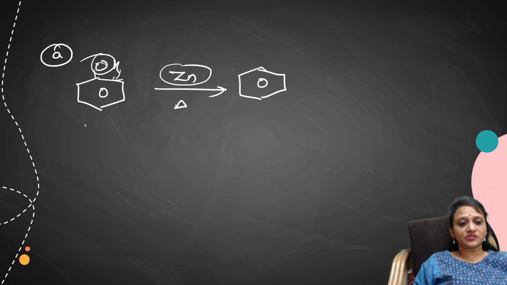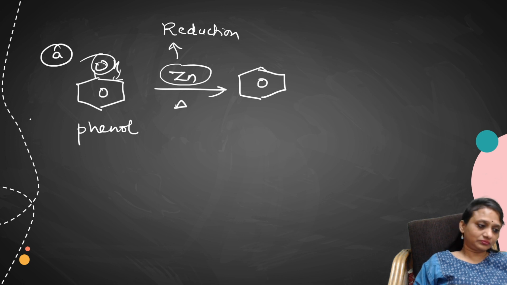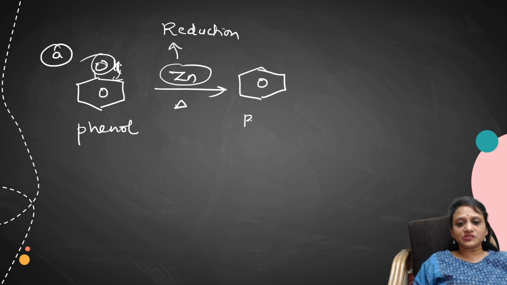So this is your phenol compound. This process helps reduction, addition of hydrogen. Phenol was there, so I get benzene. This is your molecule A.